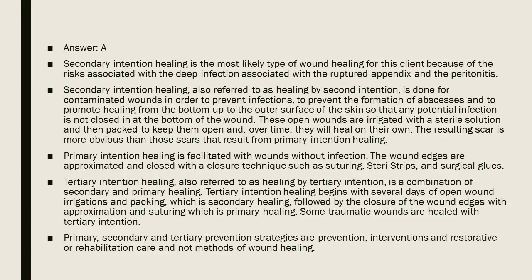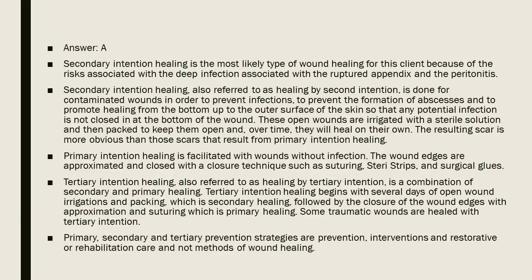Primary intention healing is facilitated with wounds without infection. The wound edges are approximated and closed with a closure technique such as suturing, steri strips, and surgical glues. Tertiary intention healing, also referred to as healing by tertiary intention, is a combination of secondary and primary healing.